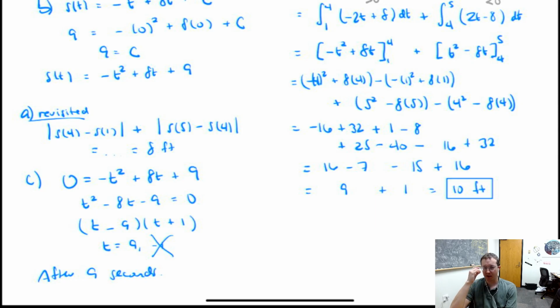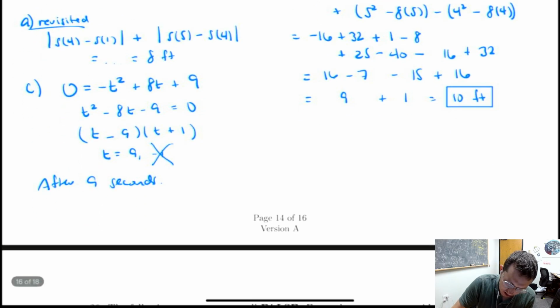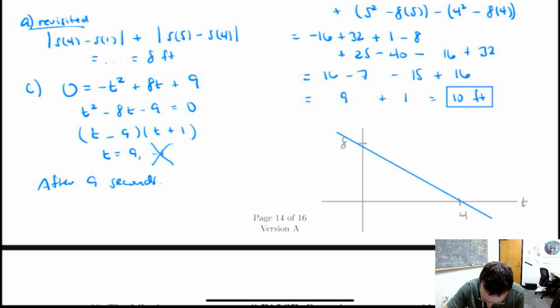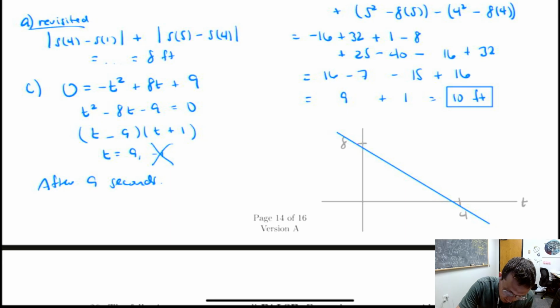Zone Ranger mentions another really good way to go about this problem, which is if we look at a graph of the velocity, it's 8 minus 2t. That's a straight line with a slope of negative 2.